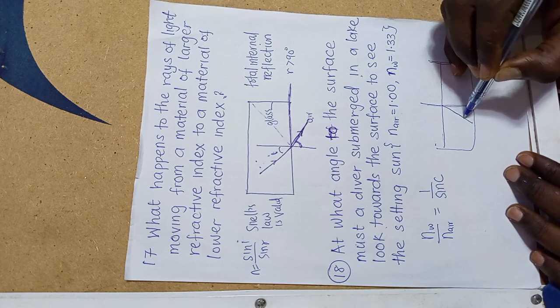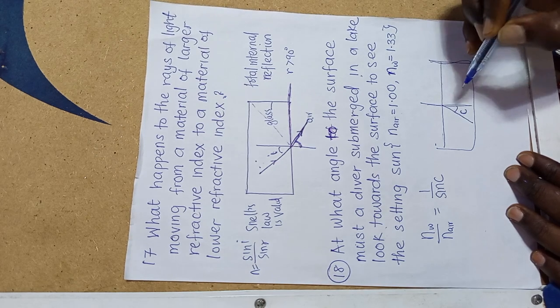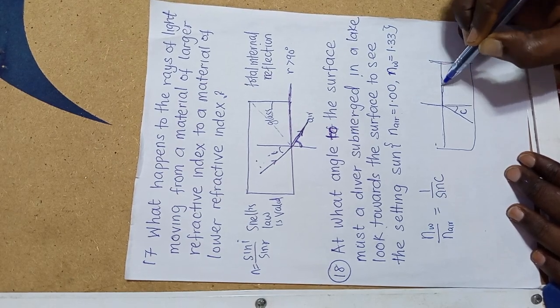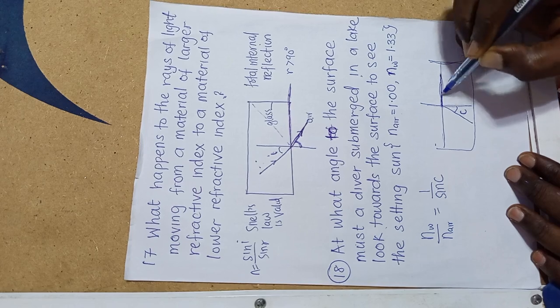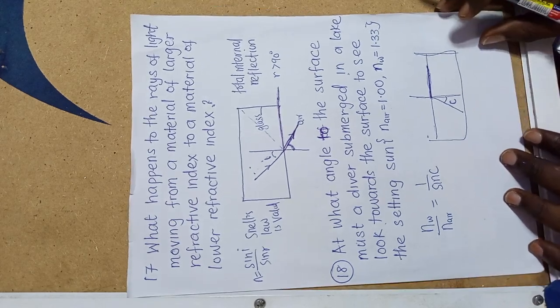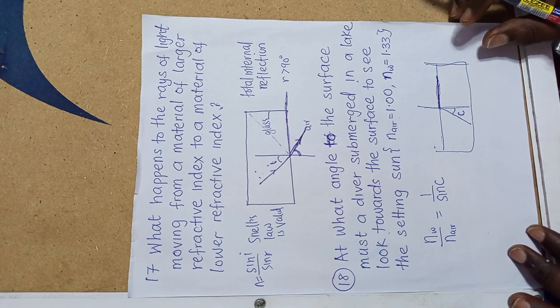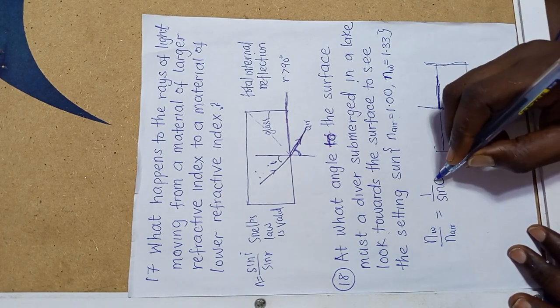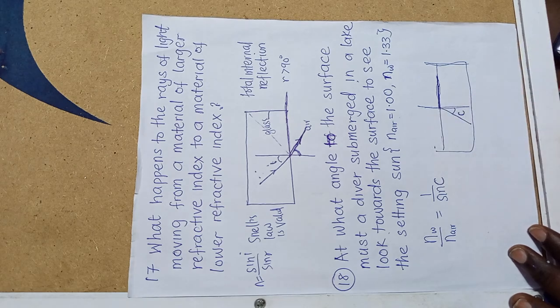Now, if he looks at the critical angle, he will see the surface. So the critical angle is what we are looking for.